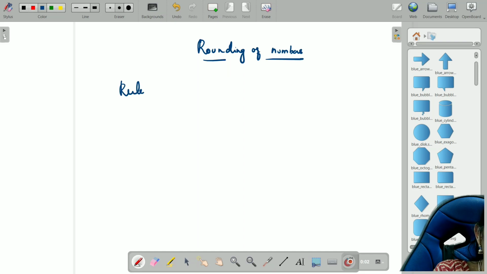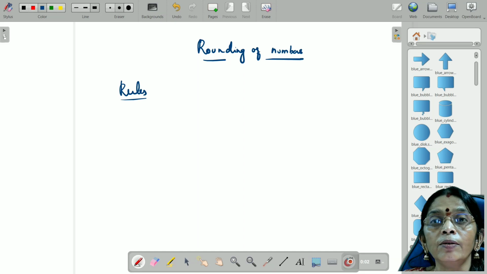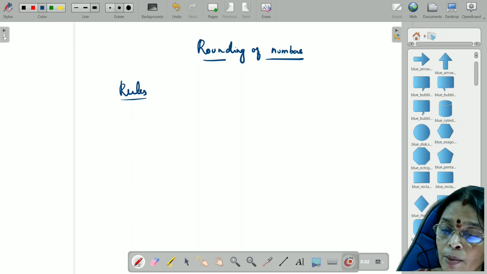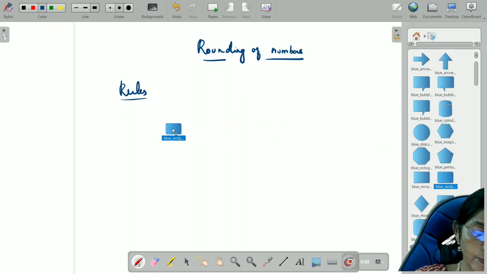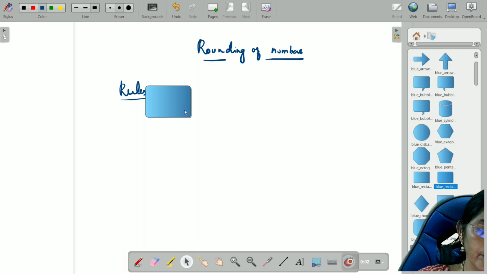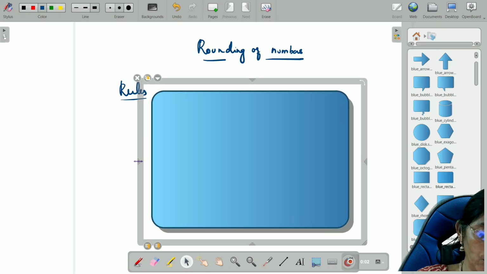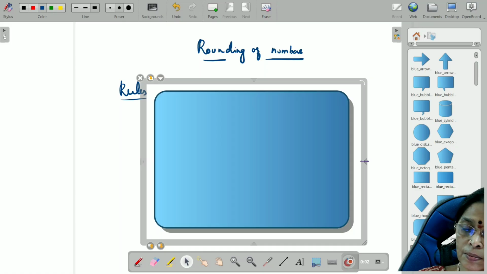Rules. There are 5 rules. We are going to see only the 5 rules for rounding off numbers. So let me take a box.